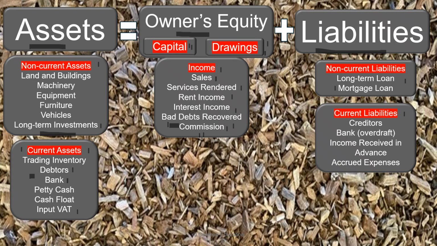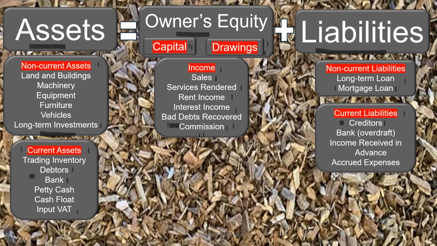Right, long-term loan. You can have a loan just to invest in the business, to run the business, a long-term loan to raise capital. A mortgage loan would be a loan in order to buy a property. These are both long-term loans. They are non-current liabilities. Current liabilities: for creditors, we're using the terminology accounts payable.